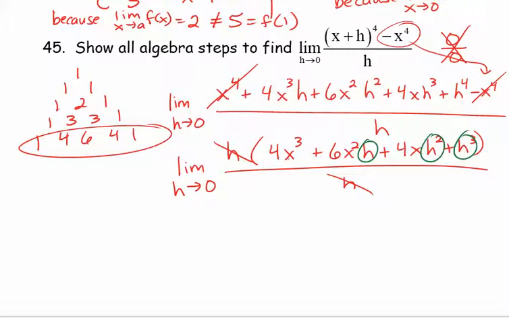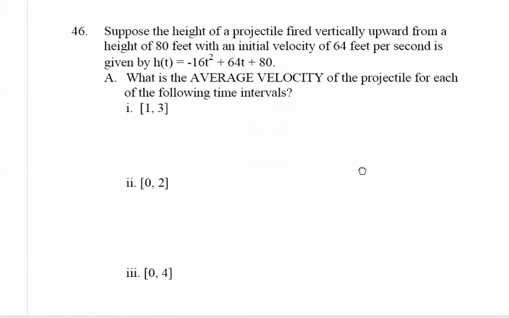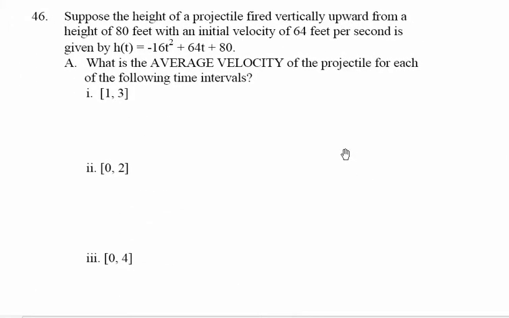So what is left if all of these three terms become zeros? 4x cubed is the answer to our limit. So that might be the first time we've done one of those, but you'll see it again in the next few weeks.